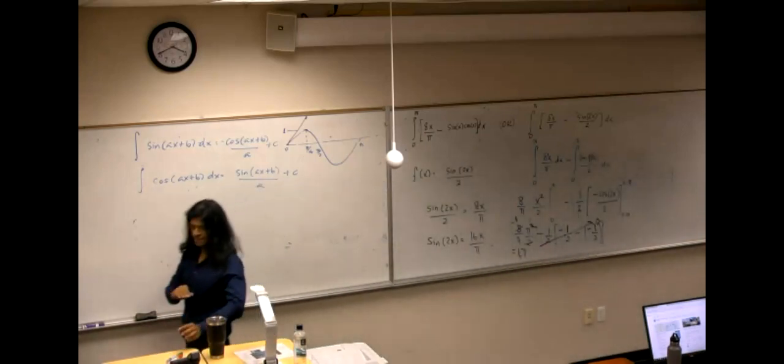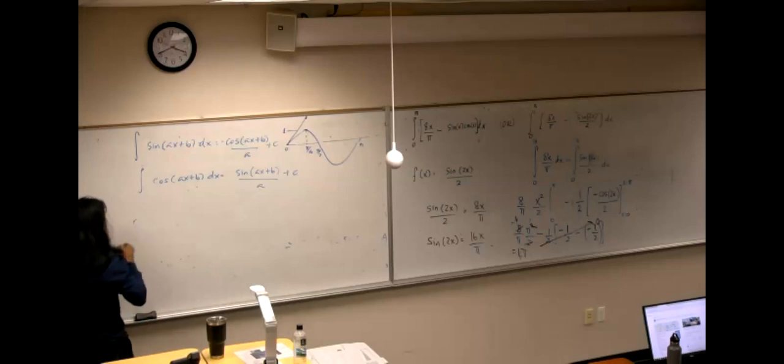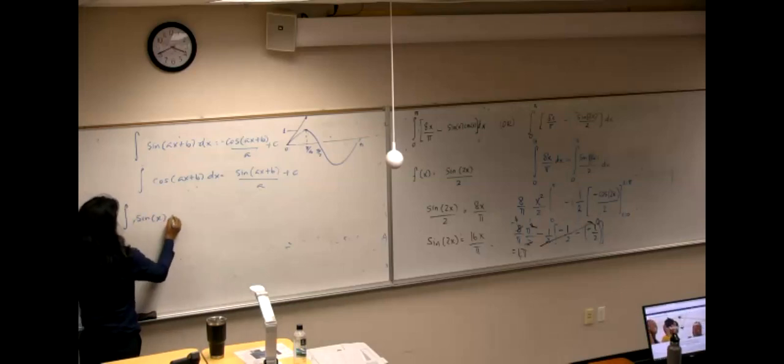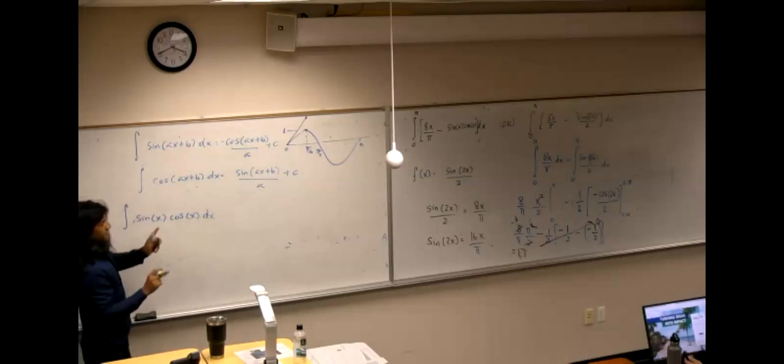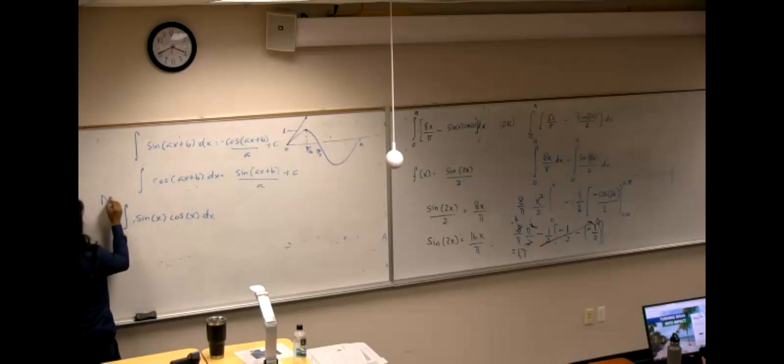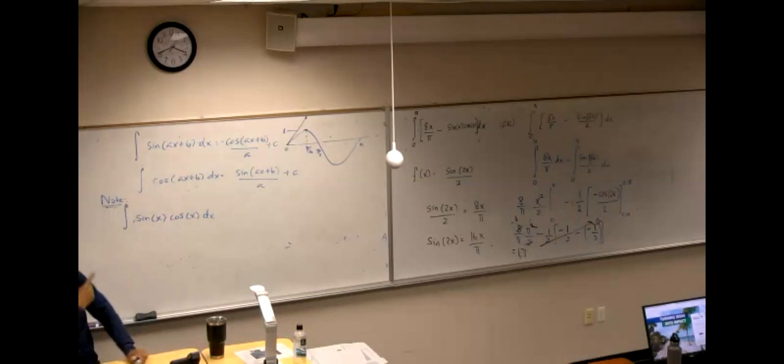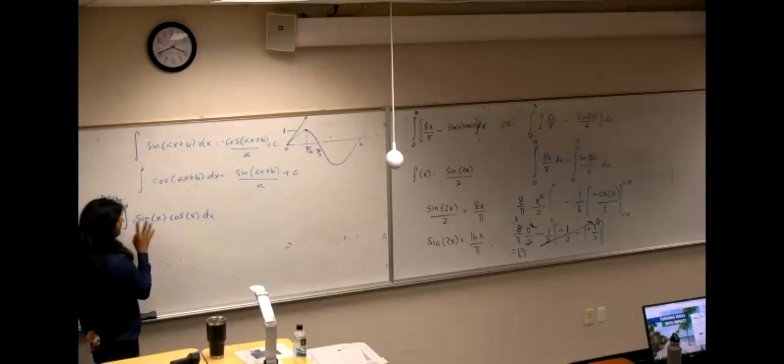You have sine x times cosine x. So just a side note here, we already have the solution. If you refuse to use the trigonometric identity, can I split the integral? I cannot. Functions are in product. So there has to be a different trick or technique that we have to use.